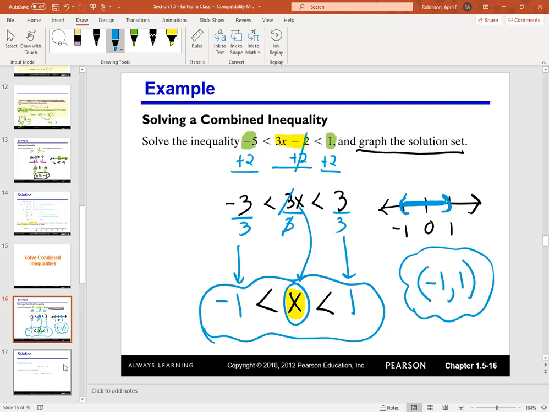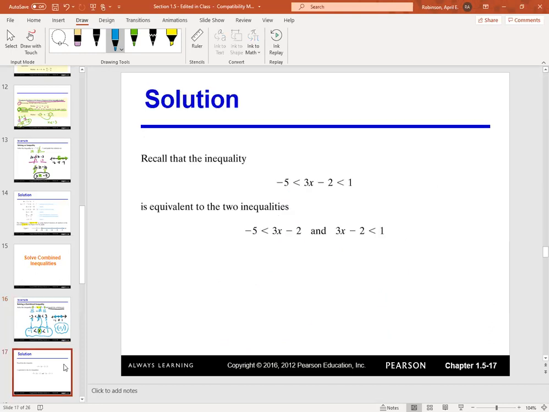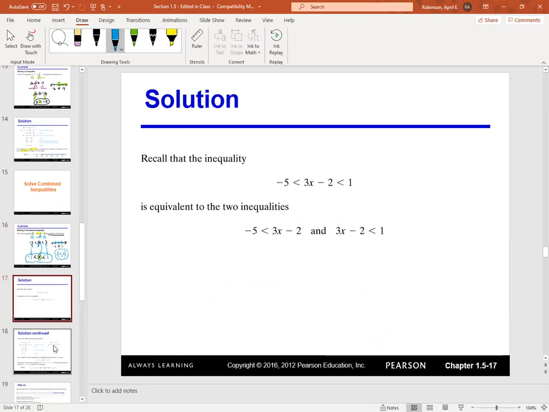And then I left their slide where they divided it up into two separate intervals. They're like, I don't know how to show this. They took this side here and wrote it as one equation.